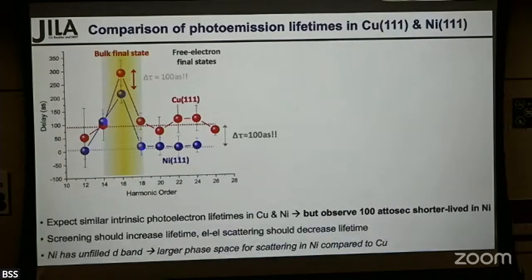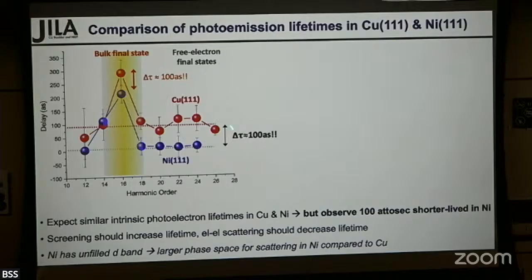And we then did the same in copper, but the difference between the excited state lifetime in nickel versus copper, you know, it's interesting, but maybe not. It's really just that the band structure is different in nickel versus copper.